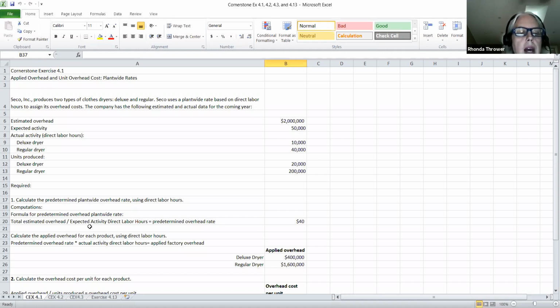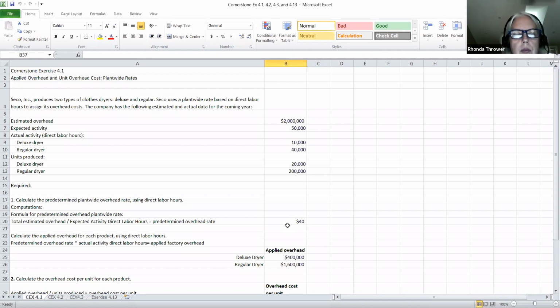And when you divide the expected direct labor hours into the total estimated overhead, it will give you the predetermined rate. Again, that predetermined rate would be calculated before we have entered anything in our journals at the beginning of the period.